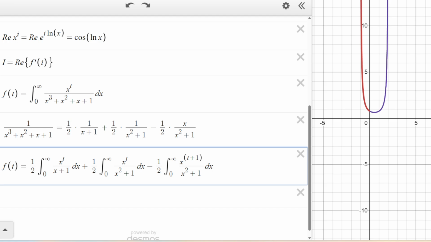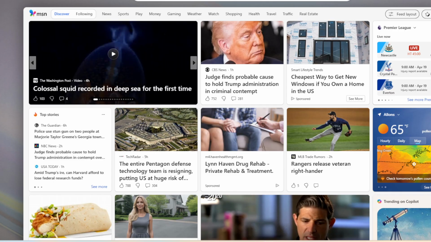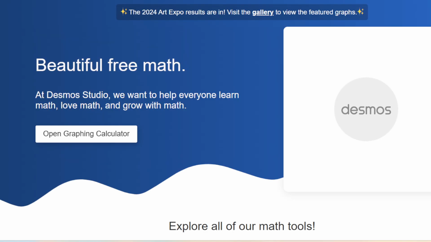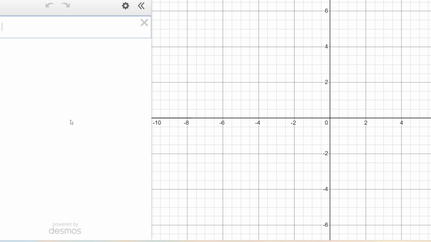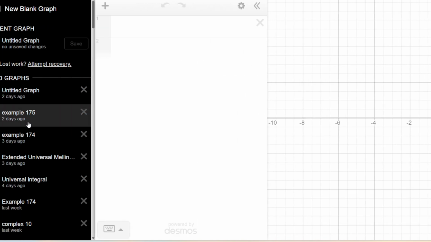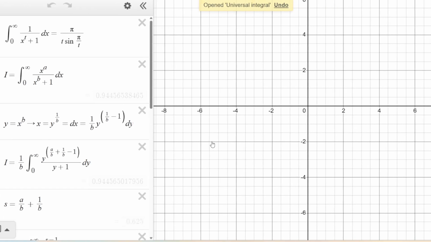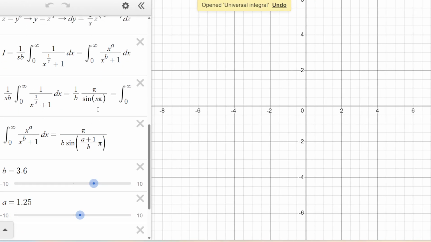Let's think. Well, we have a formula. Let me open up a new tab in Desmos. We have this formula right here. I called it the universal integral, and it was this.